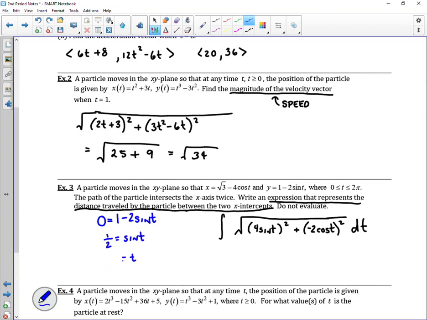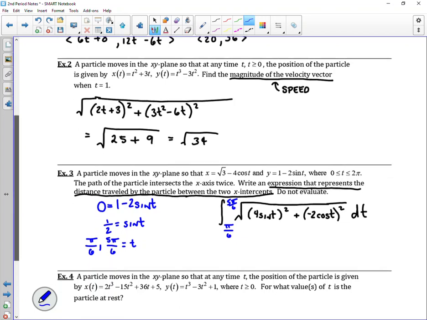T equals pi over 6 and 5 pi over 6. Now we've got our bounds and we're done. Okay? All right.